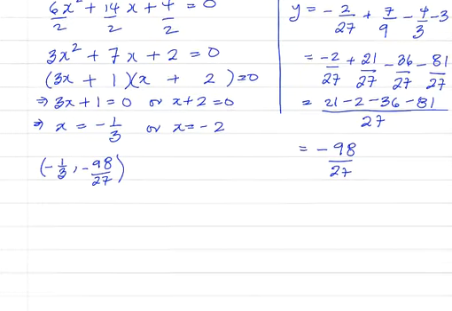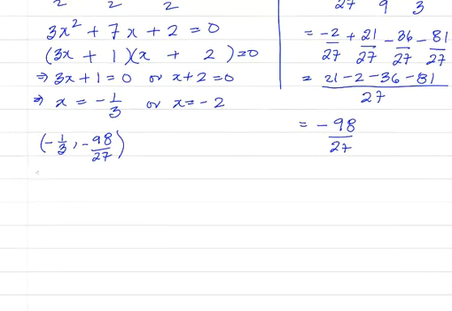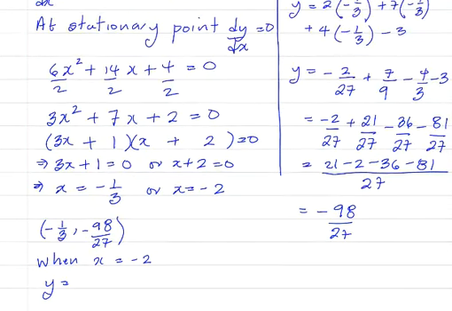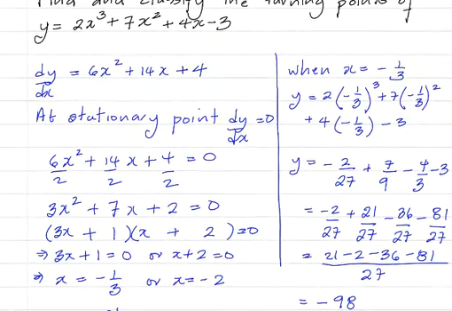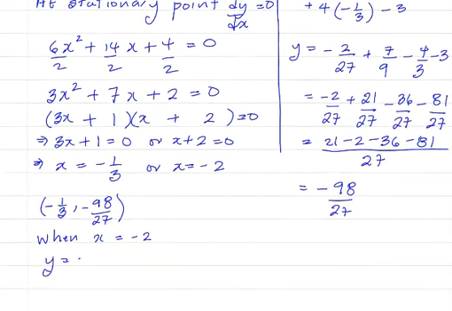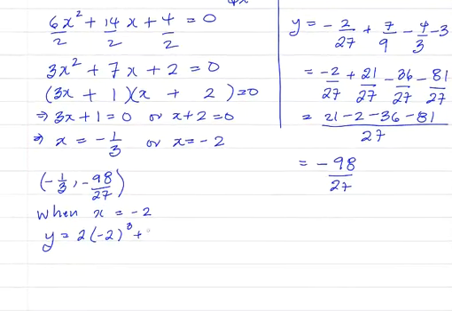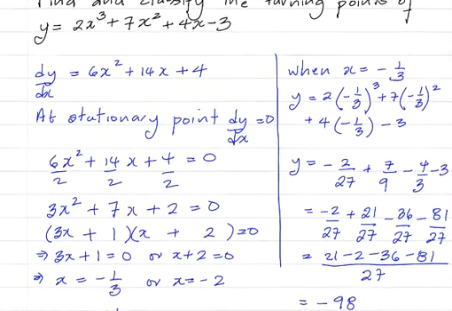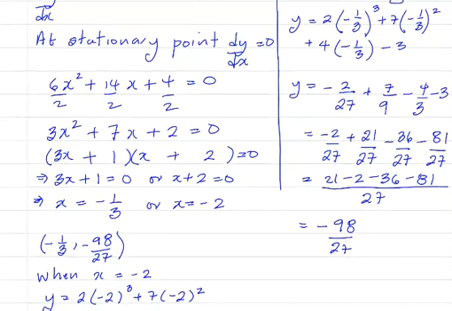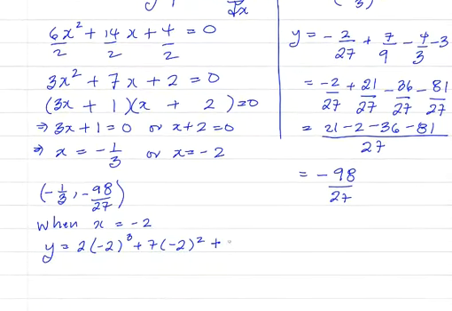All right, the second turning point. When x is equal to minus 2, y would be equal to 2 times minus 2 cubed plus 7 times minus 2 squared plus 4 times minus 2 minus 3.